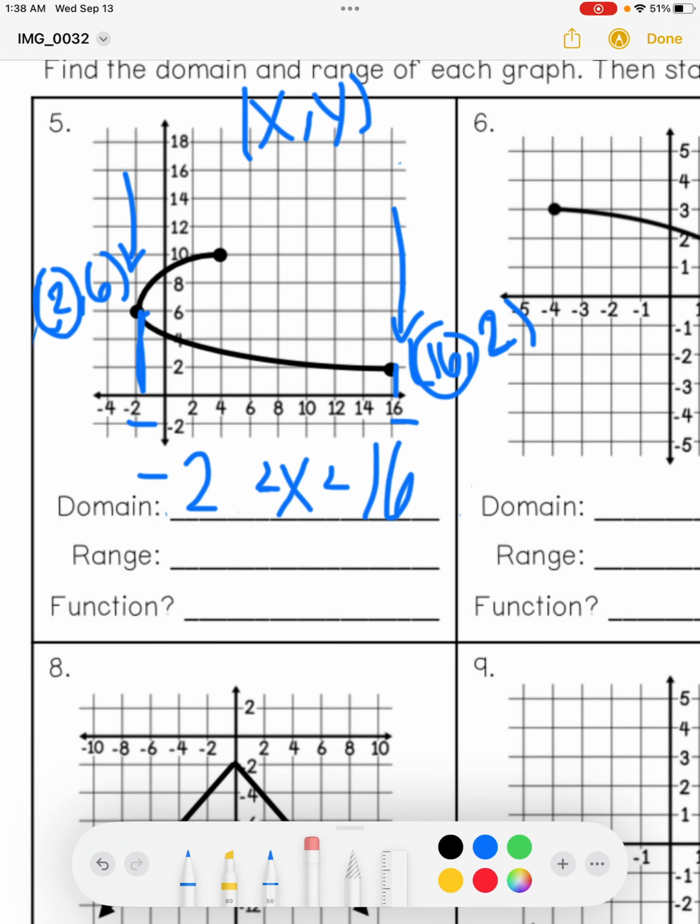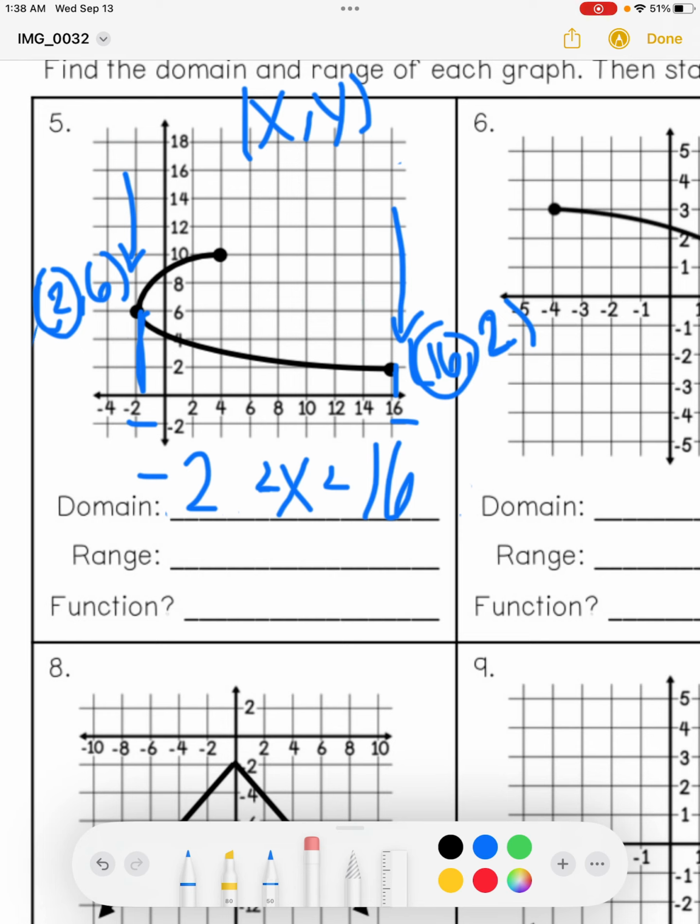But before I say my domain is finished, I need to check one last thing. I need to check if I need to put equals to on my inequalities. Do I need to add that line underneath my inequalities? How do we do that? I have to go back to my coordinate points and ask myself, are they filled in or not? Did we shade them in or not?